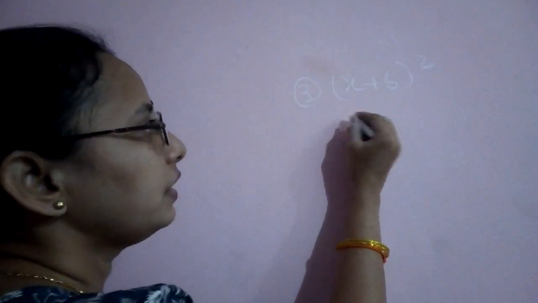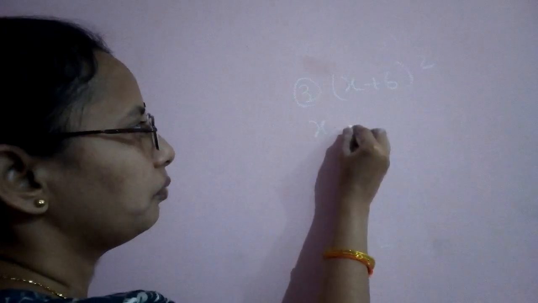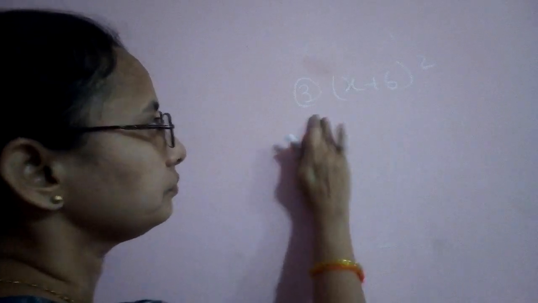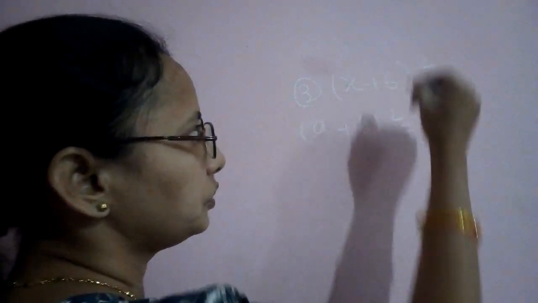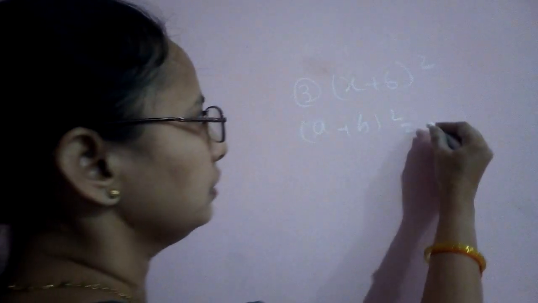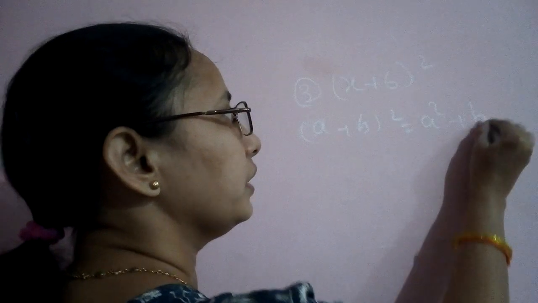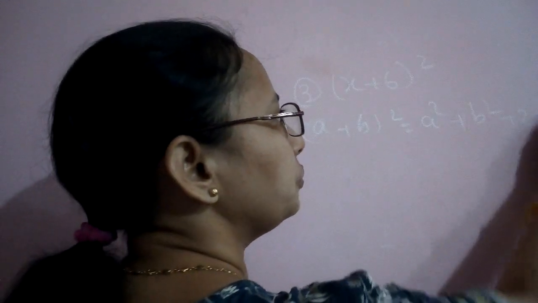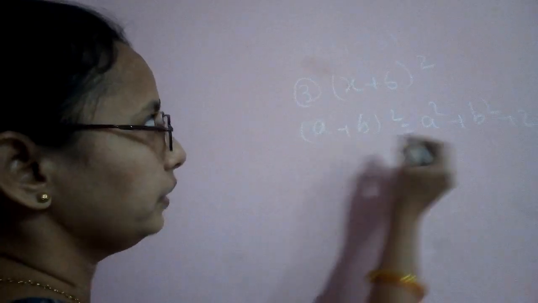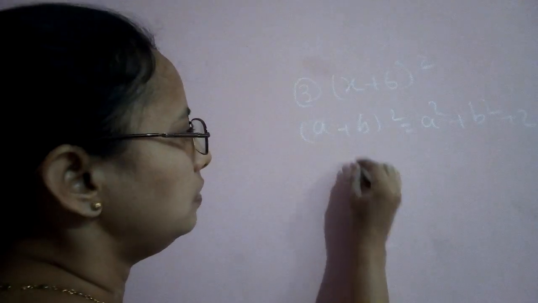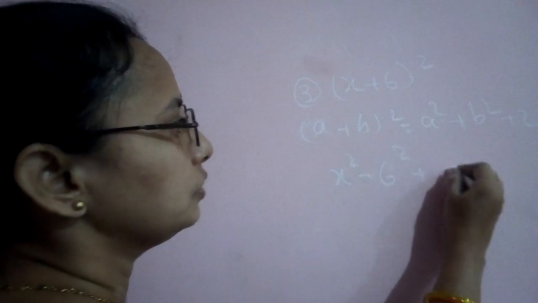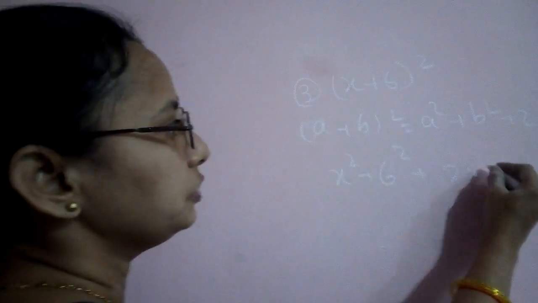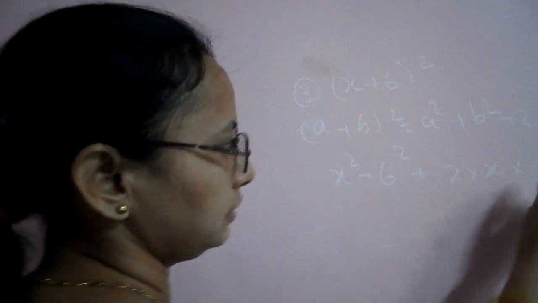So let's write the formula, (a plus b) whole square, so that we can easily substitute into the equation. a square plus b square plus 2ab: x square plus 6 square plus 2 into x into 6.